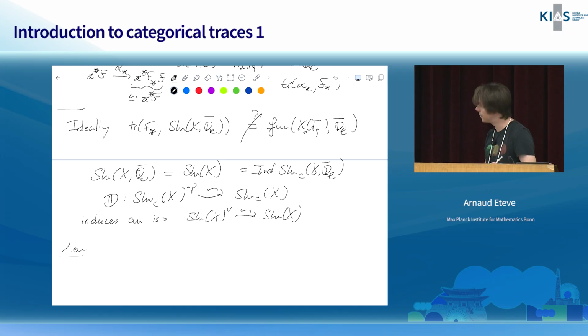So here's a lemma, and I think that's the answer to the question that Jared asked me before. So I have to tell you, okay, what are the unit and counit for these things?